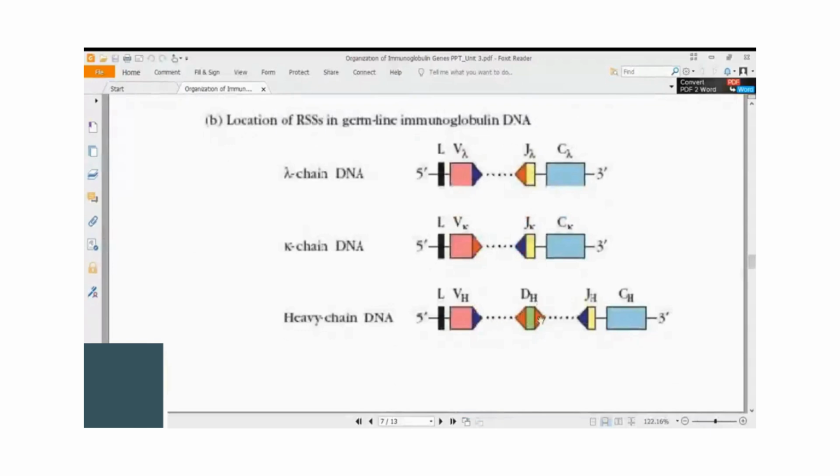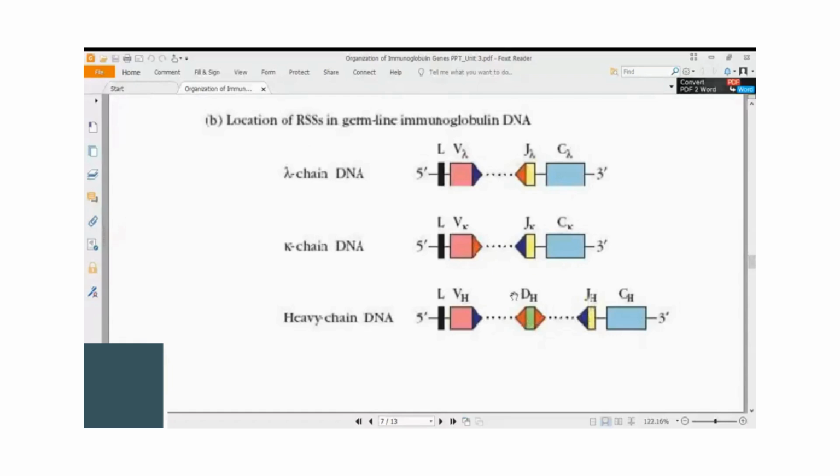But the recombination here between variable region and D, that is diversity, is two turn to one turn. In the case of J of the heavy chain, on the 5' side, it has got two turn. So recombination between DJ will be one turn to two turn.